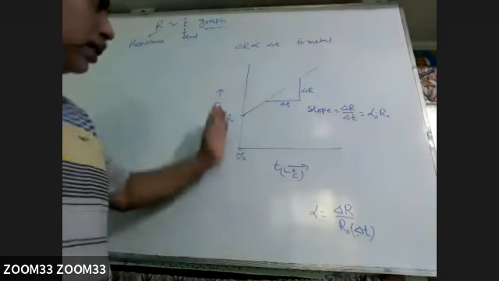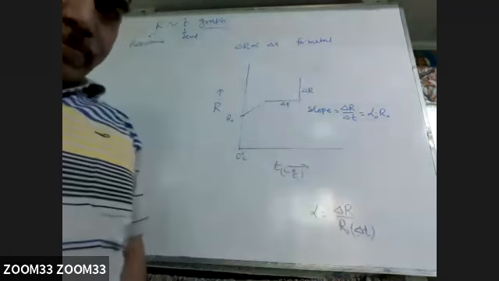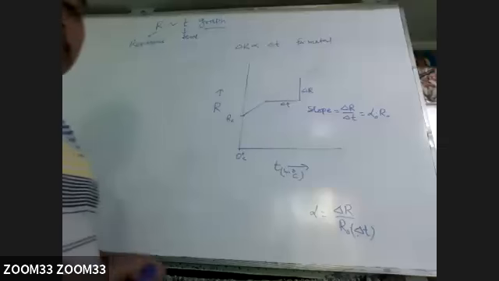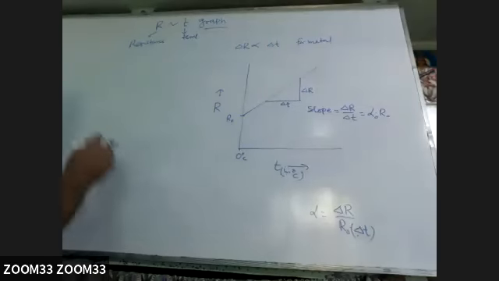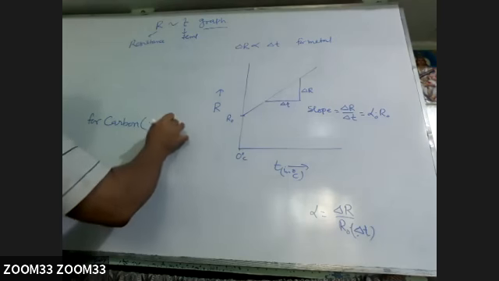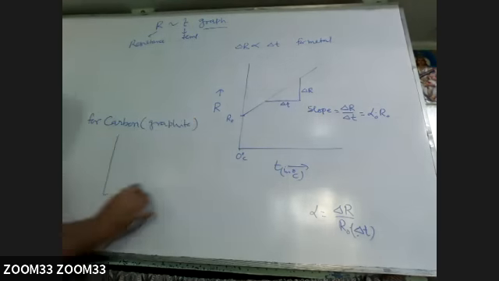So here the resistance will keep on increasing with rising temperature, directly proportional. That is in case of metal. For graphite or for carbon, it is negative temperature coefficient. Carbon means graphite form. It has got negative temperature coefficient.